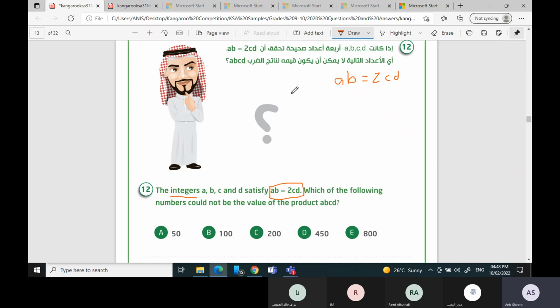We took that in grade 5, grade 6. And of course, 0 is an integer, but here, for example, if C is 0 and B is 0, of course, one of them will be equal to 0.